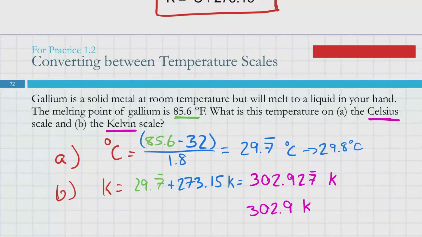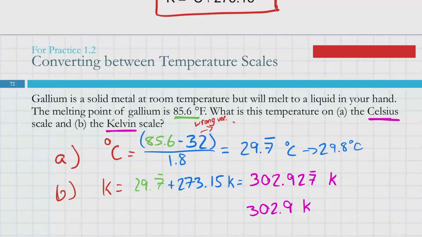The place where I think people are most likely to make a mistake with this problem is the degrees Celsius. If you don't do this subtraction step in parentheses or by itself, and then you divide by 1.8, you will get the wrong answer. So for example, let me write that this is wrong. Wrong version.